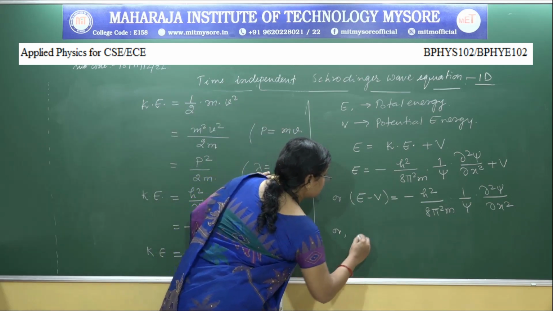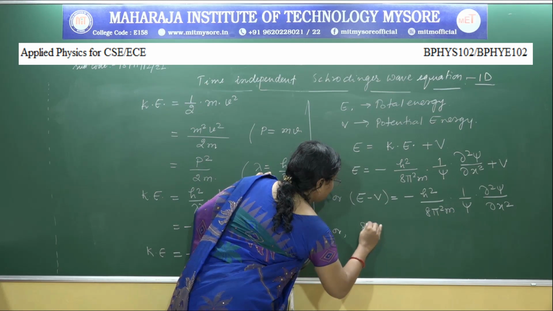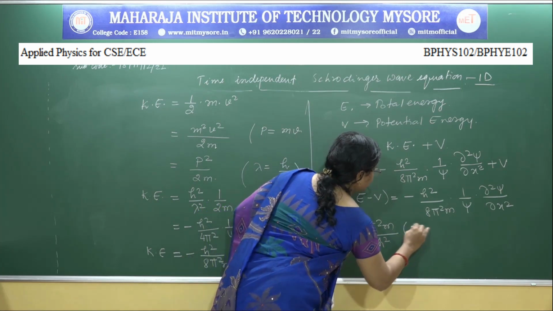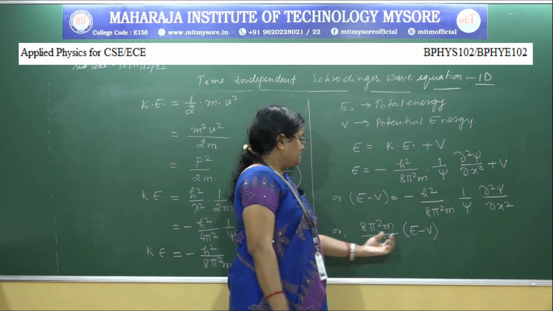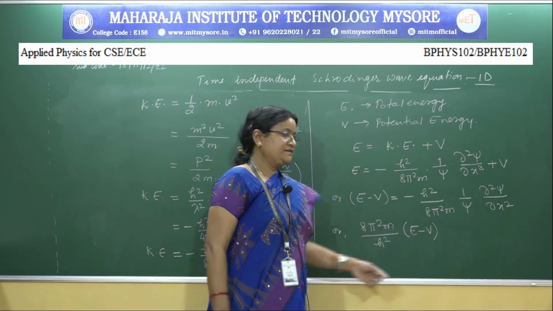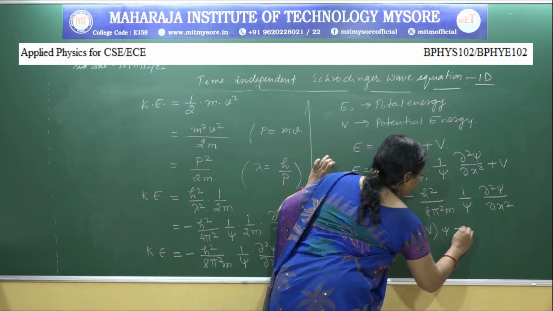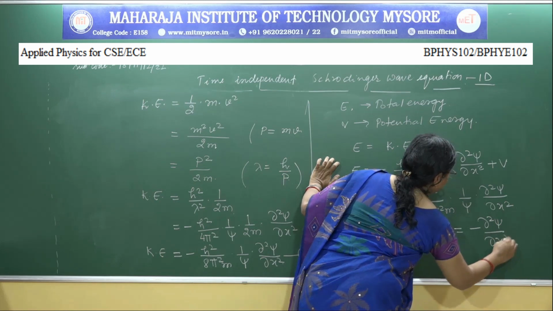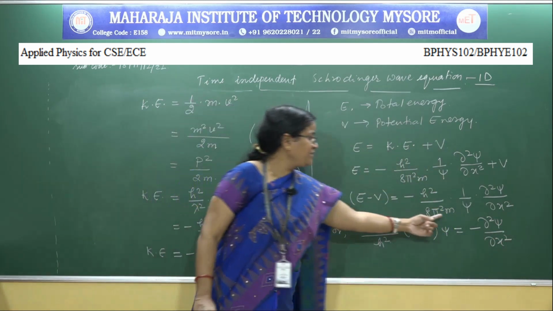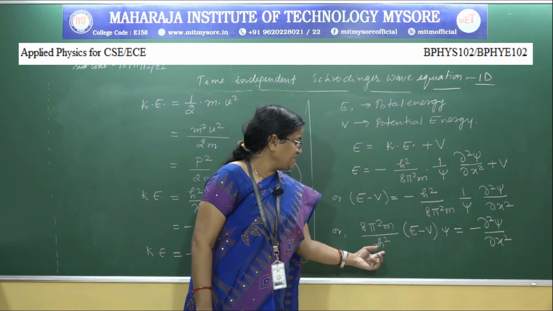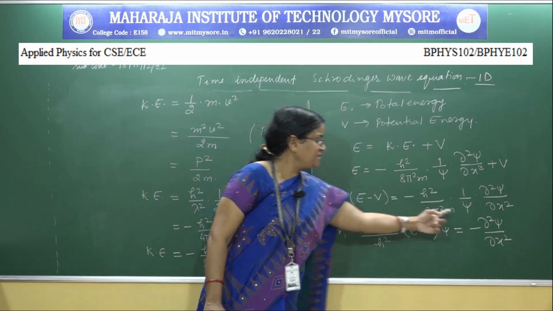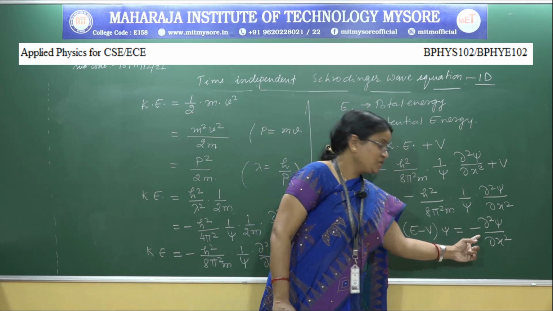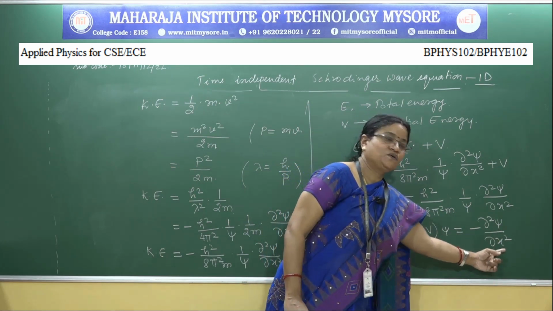What we get, 8 pi square m by h square into E minus V into psi is equal to minus dou square psi by dou x square.